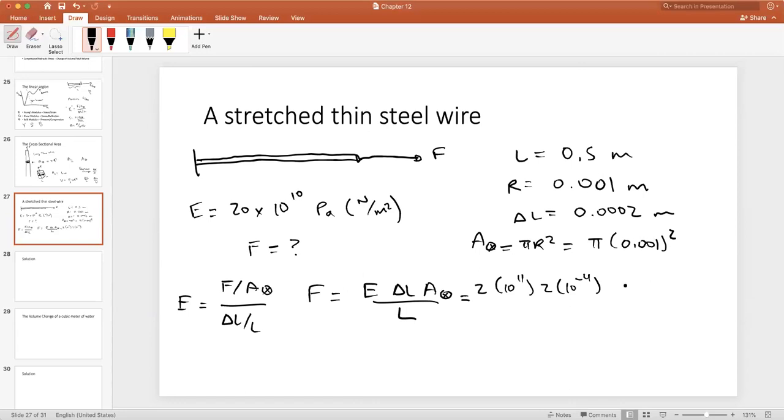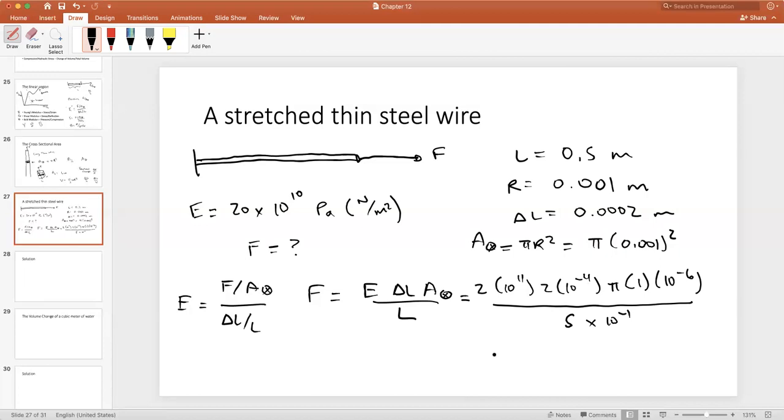If I square this, I get pi times 1 times 10 to the negative 6th, all over my length, which is 5 times 10 to the minus 1, okay? So 10 to the 11th, 11 minus 4 is 7, minus 6 is 1.